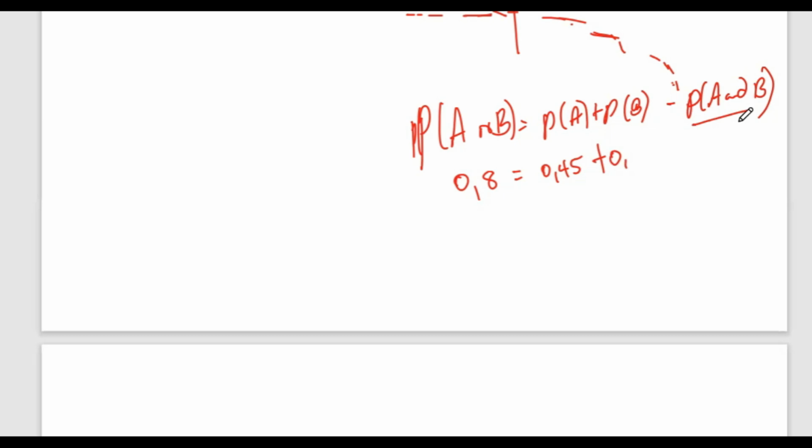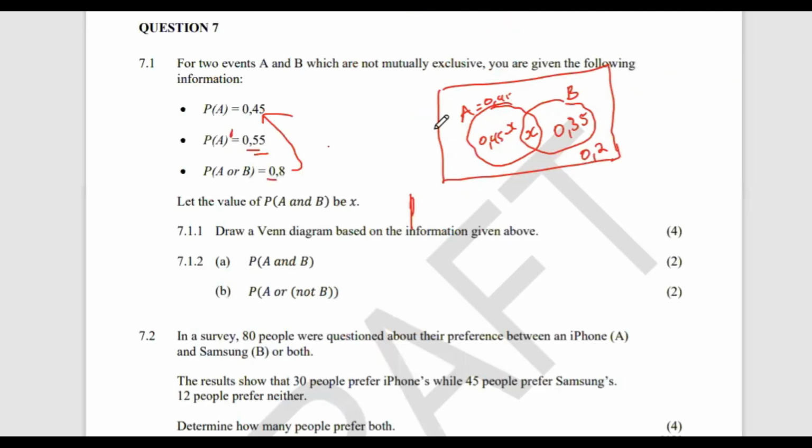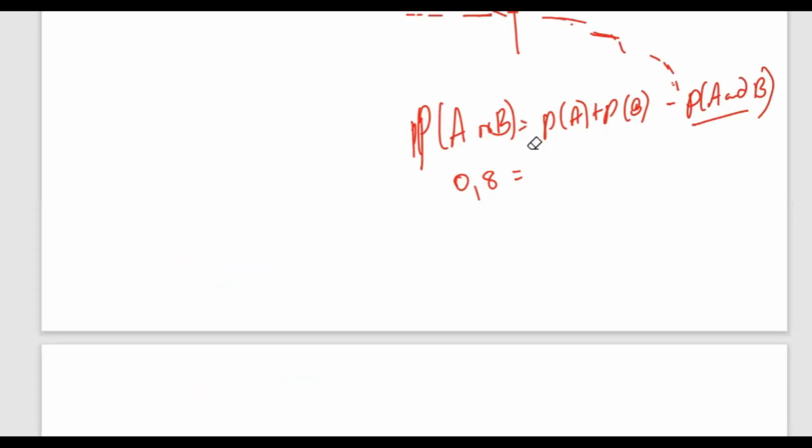Unless if I do this, I look at the 0.45 minus X, the X, and then the 0.35 plus X.